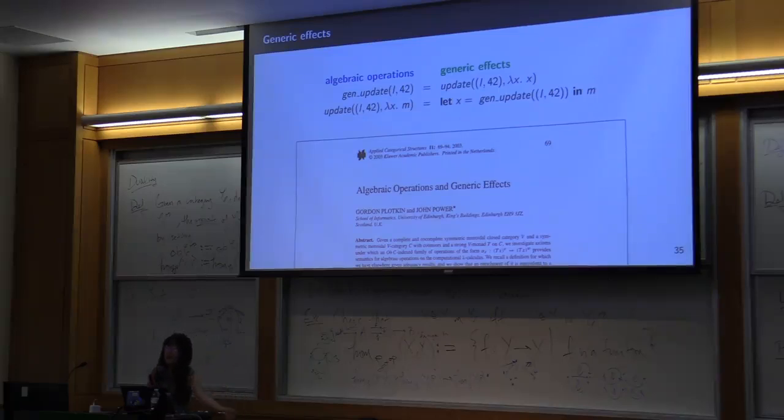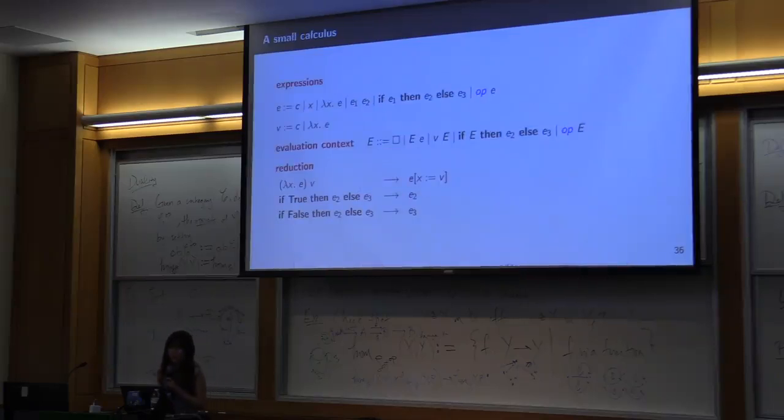Right? You just give it an argument and you get back the return result, and then you do whatever in the rest of the program. So that's a lot about algebraic operations and generic effects. So let's actually get into a lambda calculus that has algebraic effects.